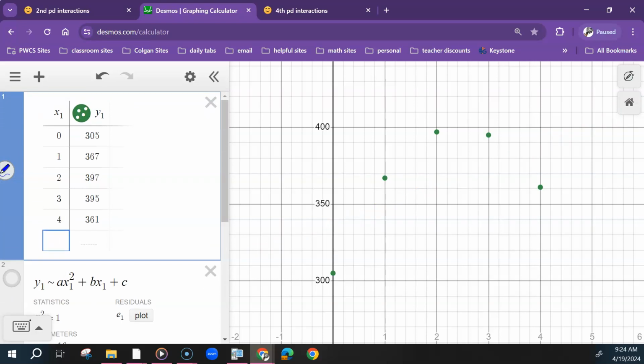Just based on the points, which one do we think this is, quadratic or exponential? Whoa, mine looks really different. Did you press the plus?